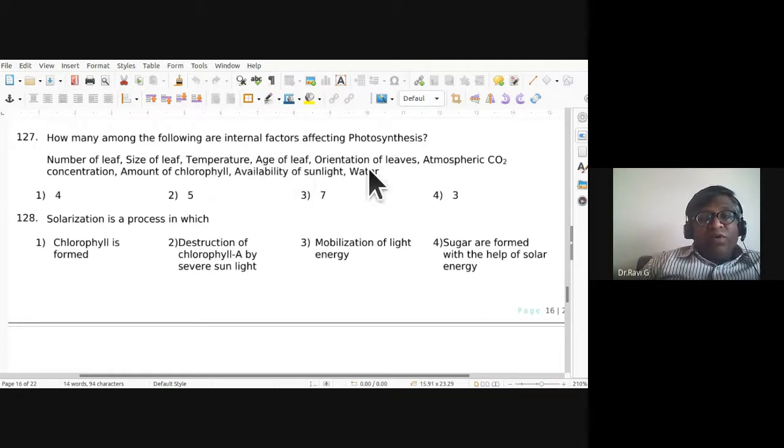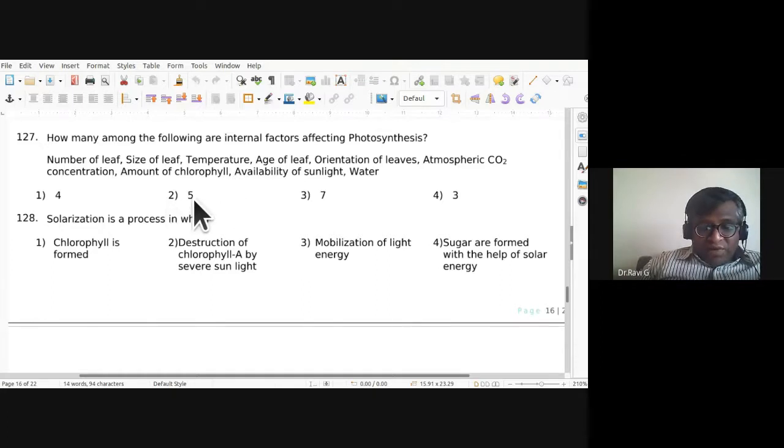Age of leaf, orientation of leaves, atmospheric carbon dioxide concentration, amount of chlorophyll, availability of sunlight, water. These are external factors. Temperature is an external factor. So internal factors are number of leaves, size of leaf, that is 2, age of leaf is 3, 4, then amount of chlorophyll is 5.